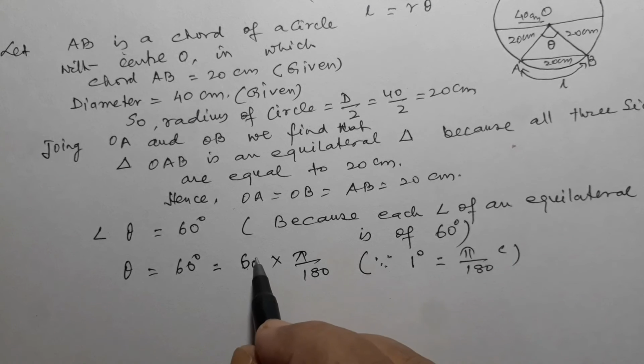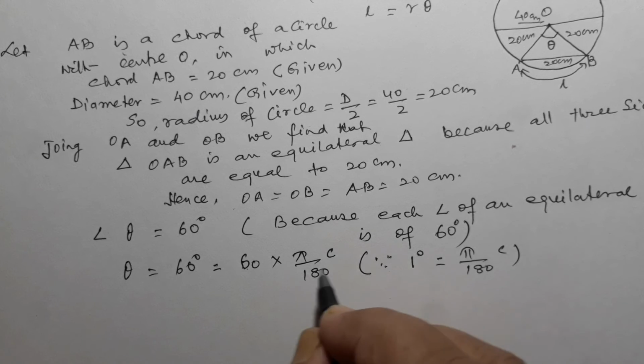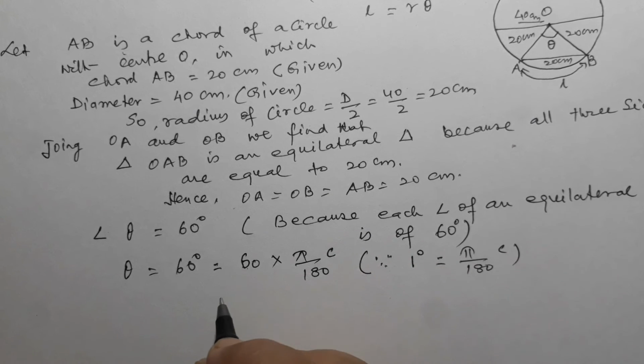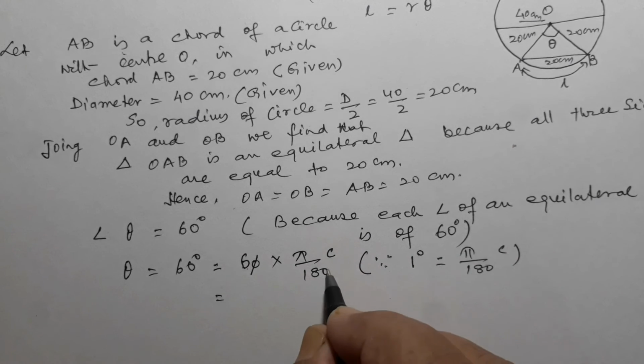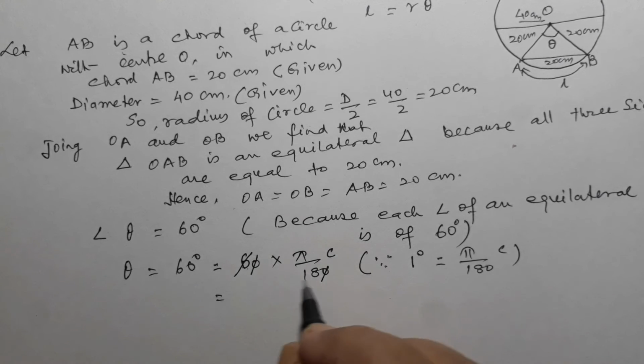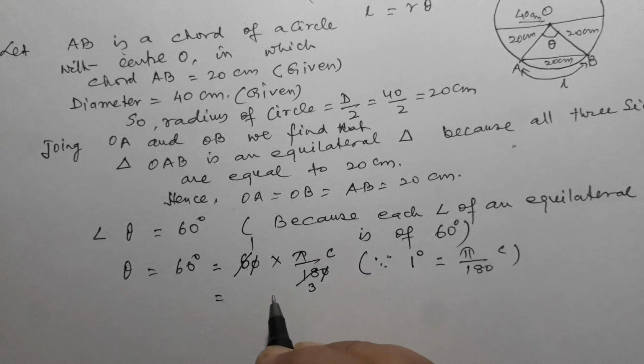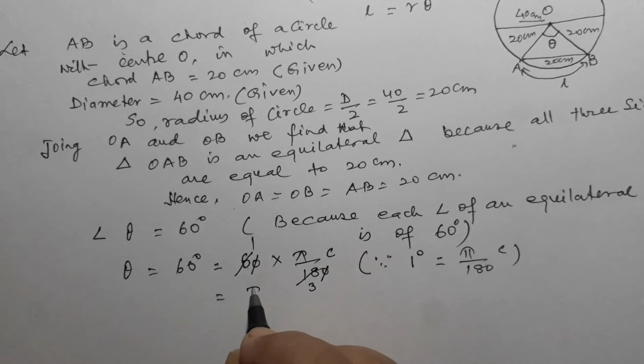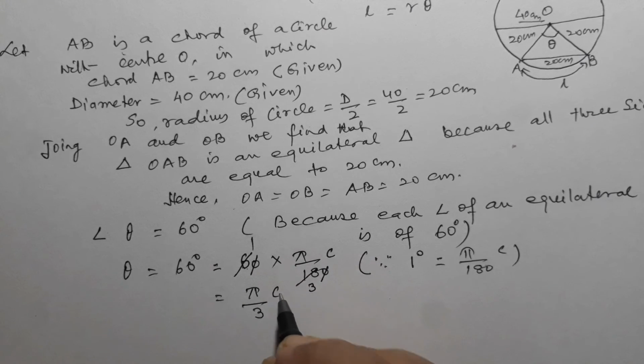This is the formula for degree. So 60 is multiplied and it became radian, right? So 0, 0 cancelled, 6 will be cancelled 3 times by 1, it will be 1. So 60 degree will be 1 into pi by 3, that is pi by 3 radian.